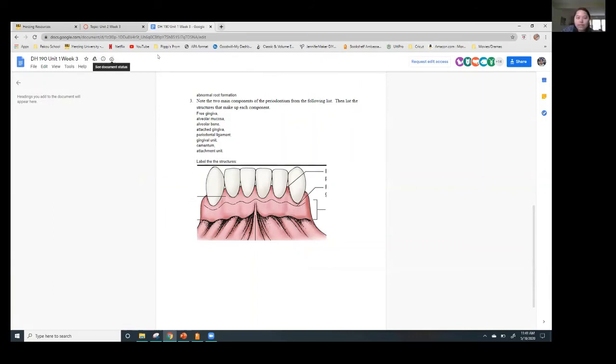There's a green stripe at the very top and then view options. The free gingiva would be from this area. Okay. Very good. So it just goes around.